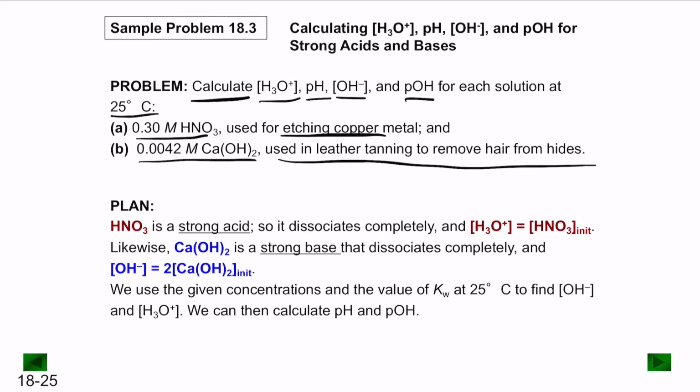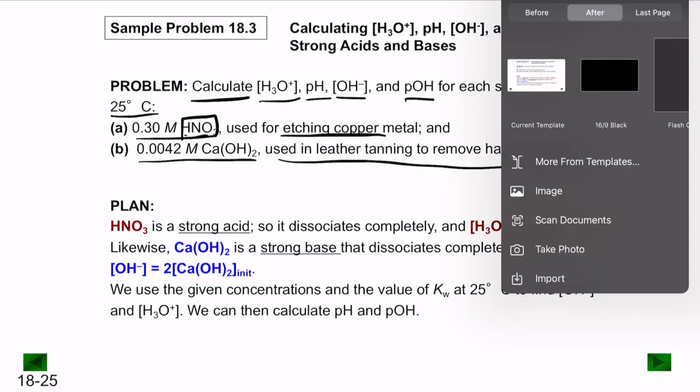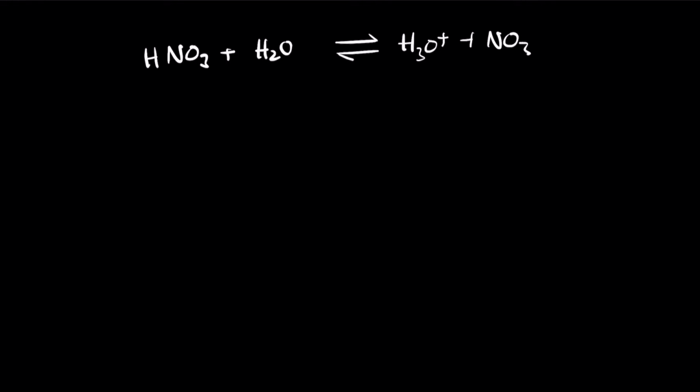Now notice that HNO3 is a strong acid because it has more oxygens compared to the number of ionizable protons. So when you look at the dissociation reaction of HNO3 with water, it's going to become H3O plus plus NO3 minus. It's a strong acid, which means it dissociates completely.